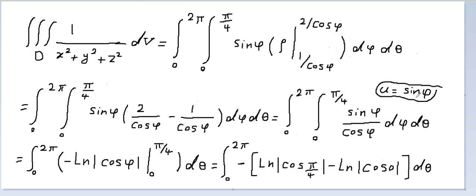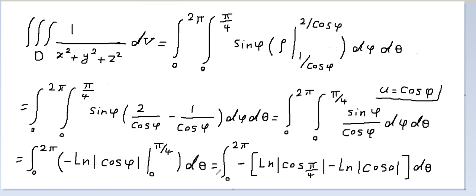Hold on a second. No, sorry. You take u to be cosine phi. Let me correct it. You take u to be cosine phi. Use this substitution. If you use this substitution, the answer to this integral will be minus ln the absolute value of cosine phi, with phi from 0 to pi over 4.